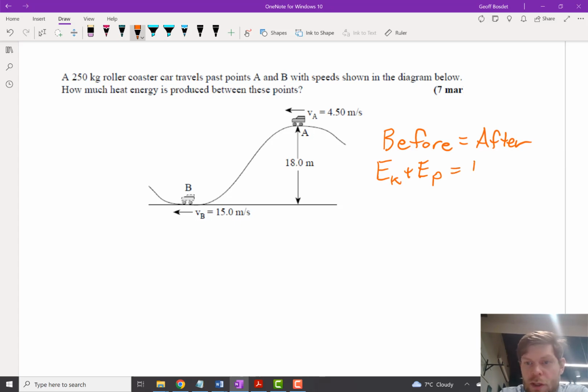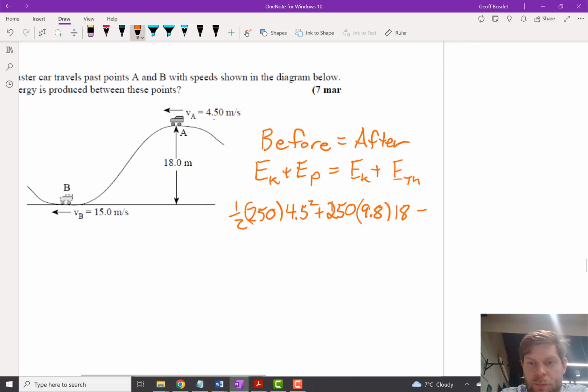And after, we've got EK because it's moving, and it created some thermal through friction. So we just plug her in. 1/2 times 250 times 4.5 squared, because that's how fast it's moving initially, plus 250 times 9.8 times 18 gives us our potential energy in the beginning.